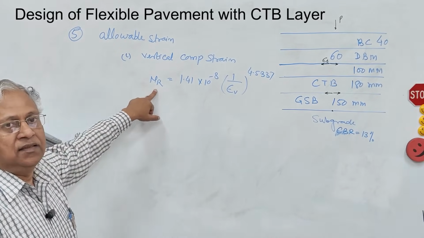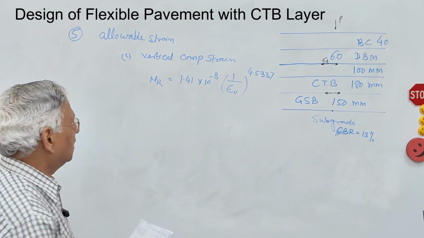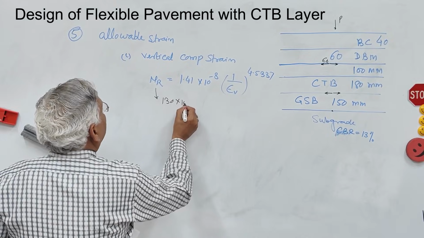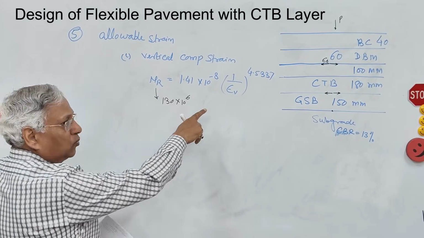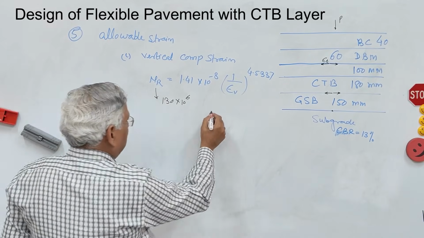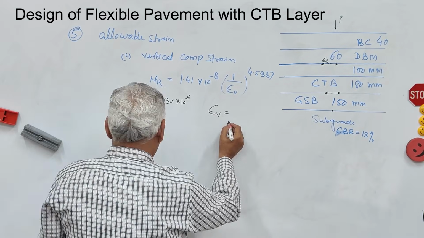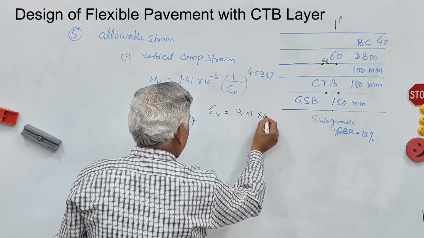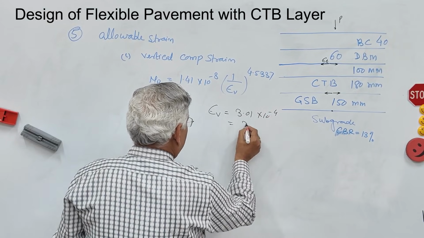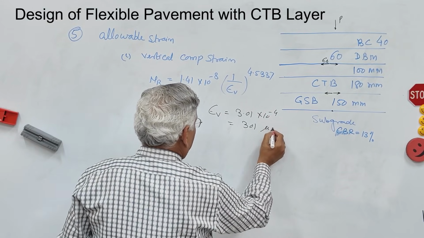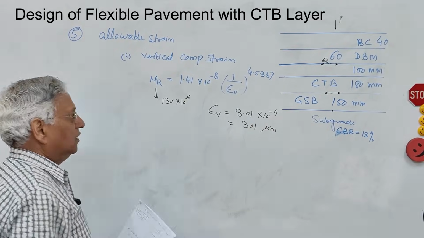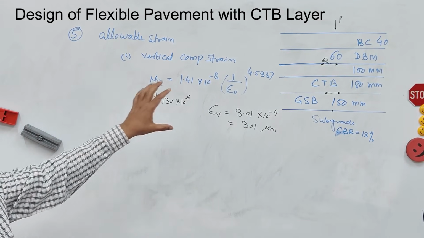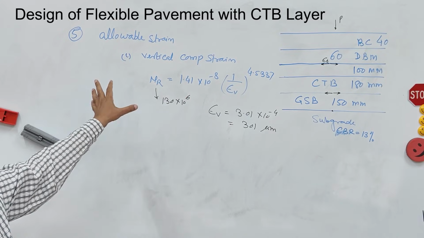N is the design traffic, that is 130 MSA. So this value is 130 into 10 to the power 6. Find out what is epsilon V. So if you put this value of N, epsilon V is 3.01 into 10 to the power minus 4, or you can say 301 micron. So that is the allowable vertical compressive strain for this assumed section and for the traffic volume.